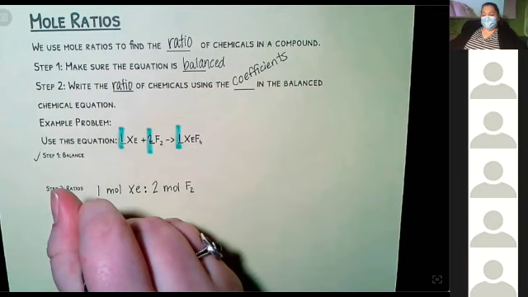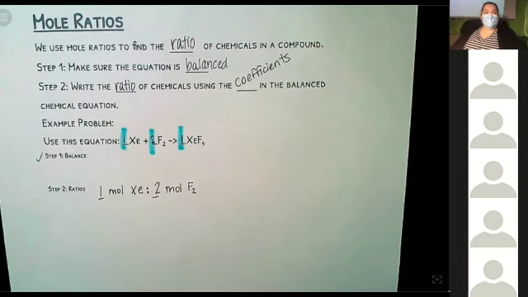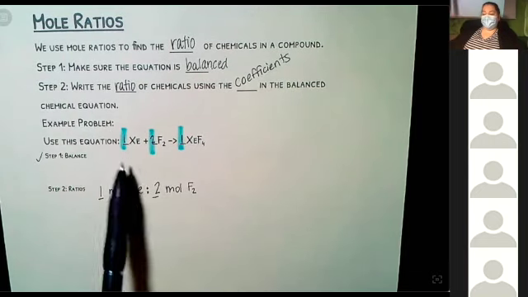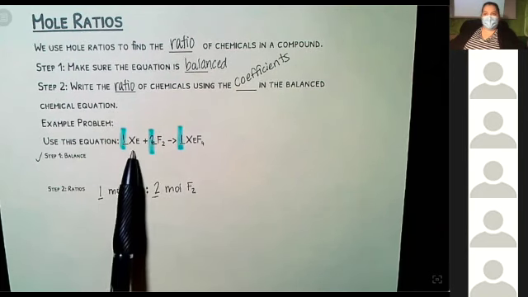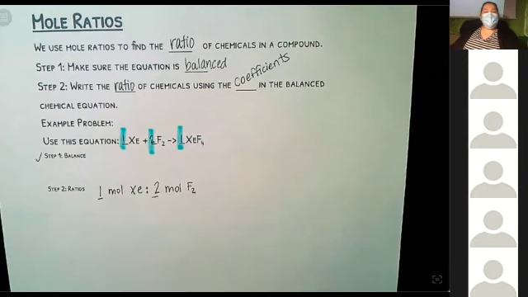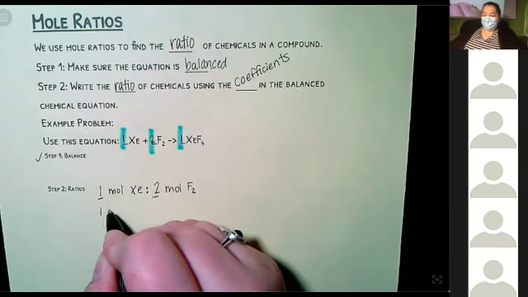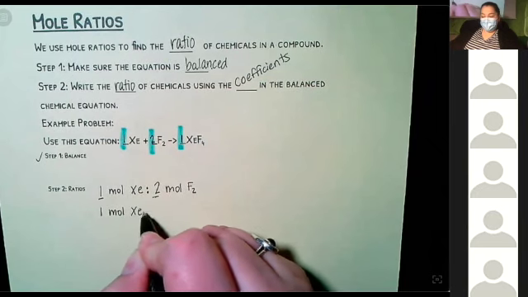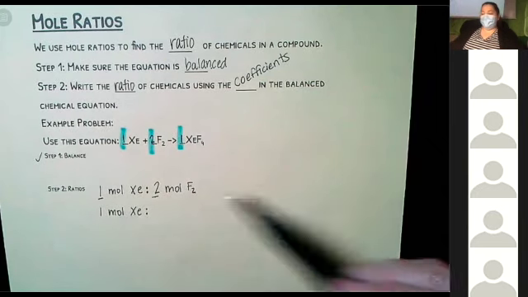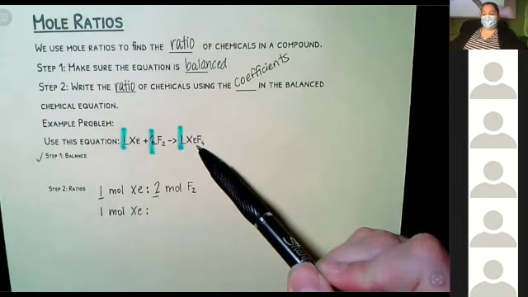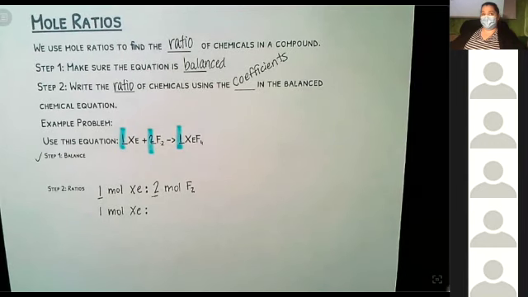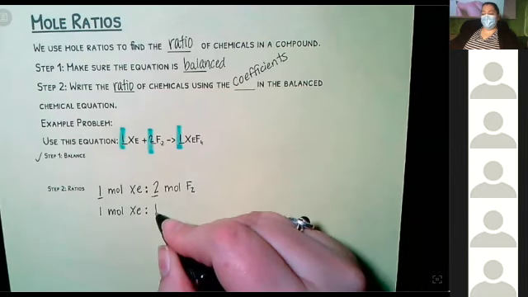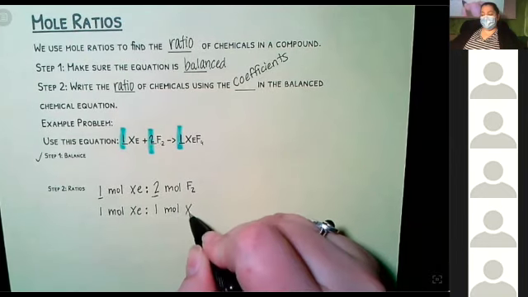All I did here with the numbers, all I did was look at our balanced chemical equation and pull those numbers for that element or that compound. So the second one would still be 1 mole of Xe for every, and now we're not going to compare F2, we're going to compare the XeF4. So how many moles of XeF4 do we have? Based on the coefficient, 1 mole of XeF4.